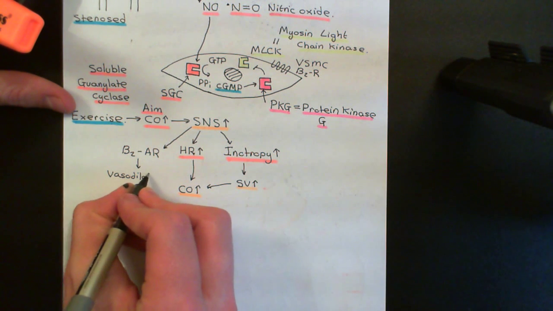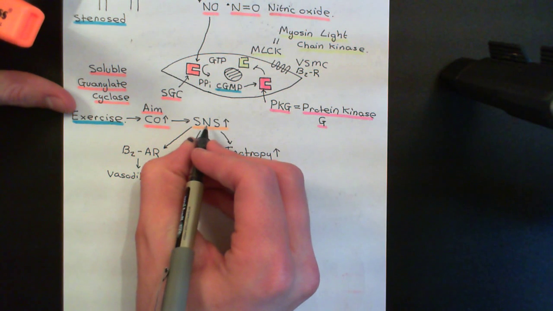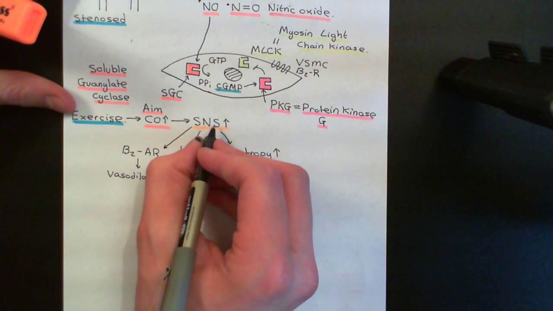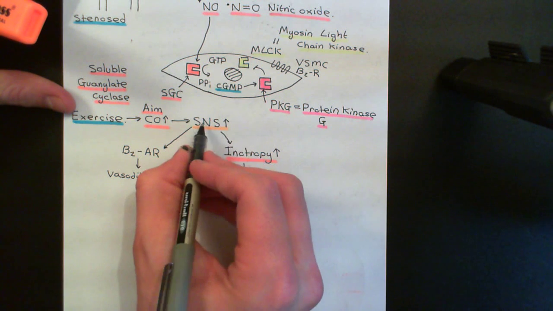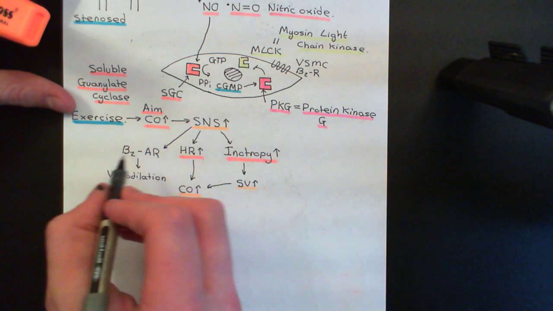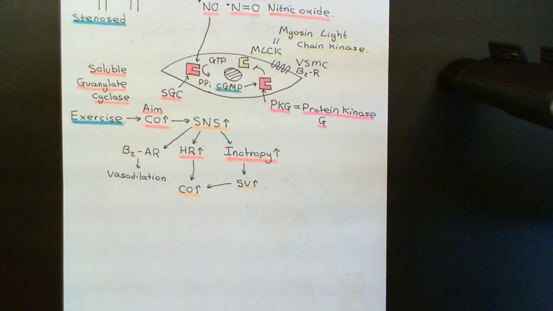Now that's rare, because usually when you stimulate vascular smooth muscle cells with noradrenaline or adrenaline, it causes contraction of the vascular smooth muscle cells, and that's because there's usually a different receptor on vascular smooth muscle cells. Usually you have the alpha-1 adrenoreceptor, which causes contraction when noradrenaline acts on it.